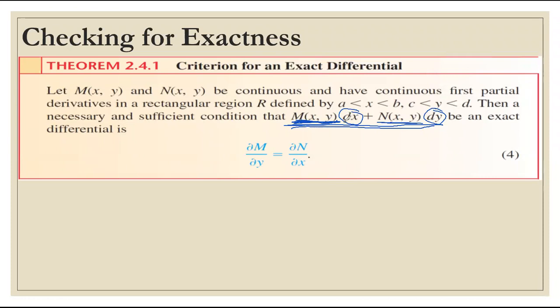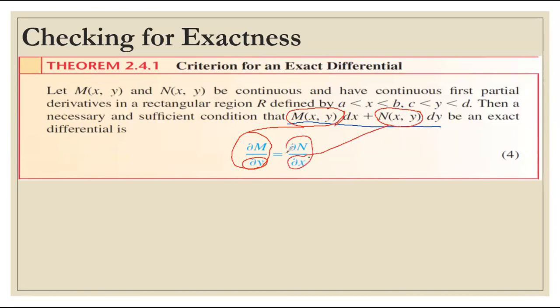By the way, you can choose other notations, but to make the course easier, let us agree always that the coefficient of dx is m, and the coefficient of dy is n. Now, you have this differential equation in this form, and you need to check if it is exact or not. The condition of exactness is the following. Take the coefficient of dx, which is m, and differentiate it with respect to y, and also take the coefficient of dy and differentiate it with respect to x.